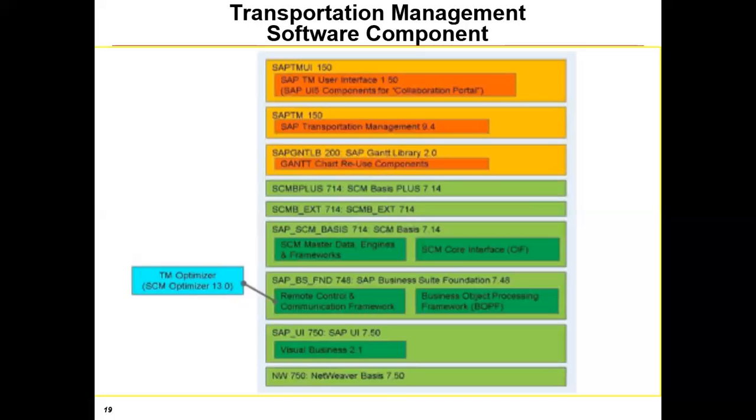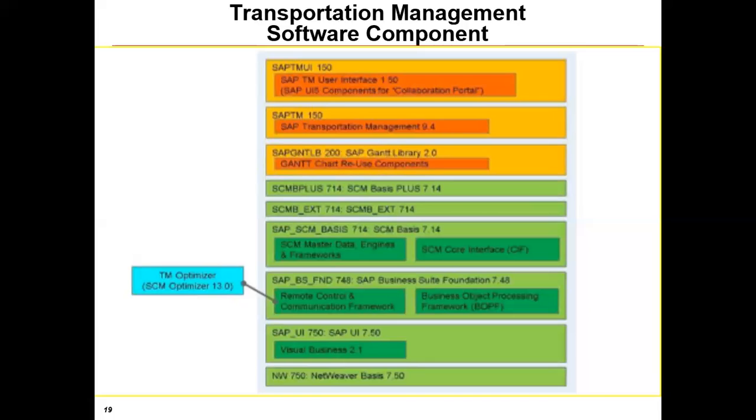Okay, next is the SCM Basis Plus. Again, it involves activities related to system monitoring or system authorization aspects. Okay, so here we can see this Basis Plus is used also. Sometimes it is used to enable some business functions.